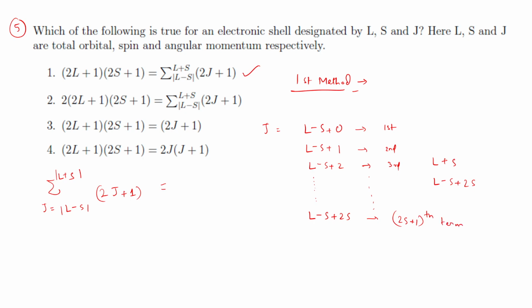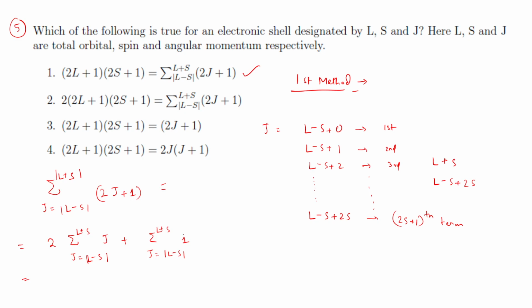If we sum this over, it is 2 times the sum over J equal to L minus S to L plus S of J, plus the sum over J equal to L minus S to L plus S of 1. This is what we have to do.